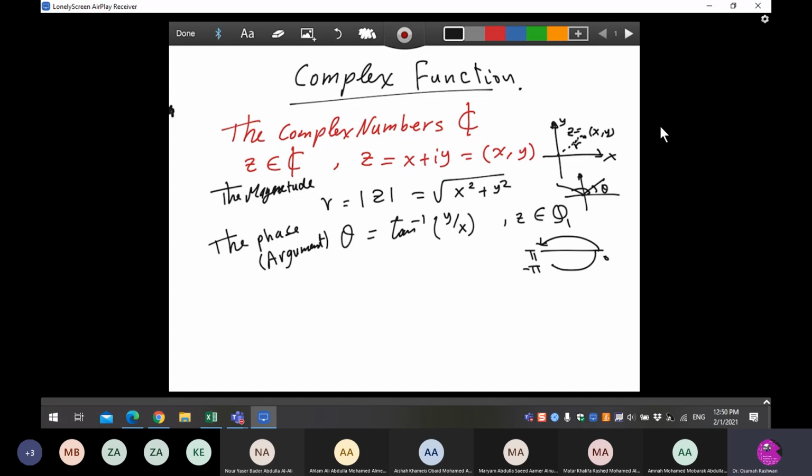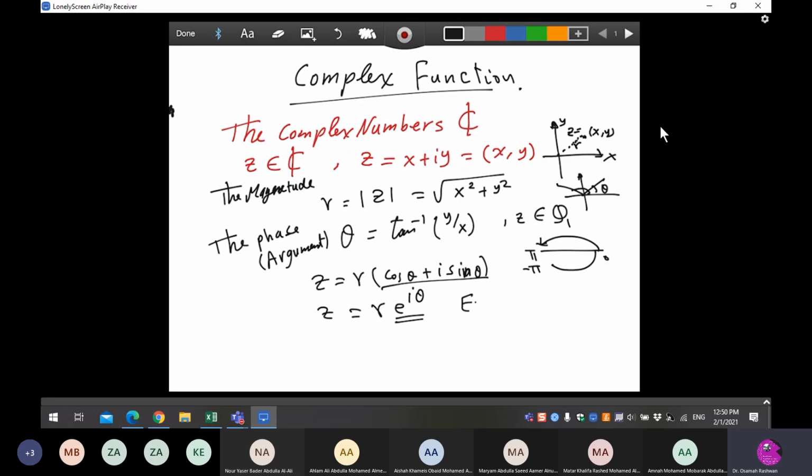This is a complex number in the Cartesian form, and in the polar form, Z is r, open bracket, cosine theta plus I sine theta. And we know this is, they call it r e to the I theta, because r e to the I theta is the same as cosine theta plus I sine theta.